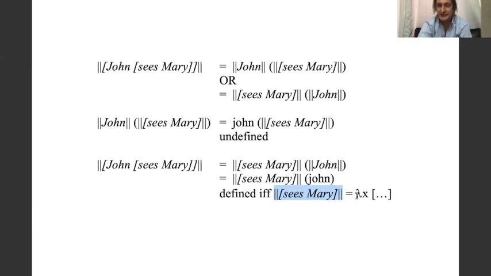It's got to be a function, which means it has to be lambda x with ... in here, so that the lambda x can be seen as an instruction to replace any x's in here with John.